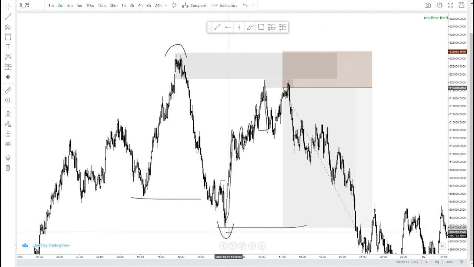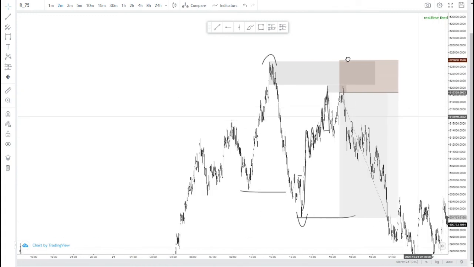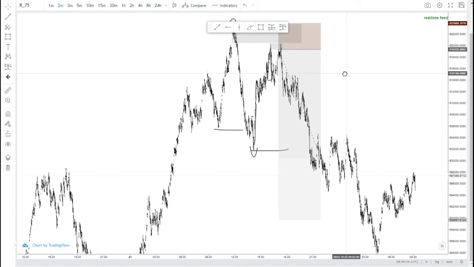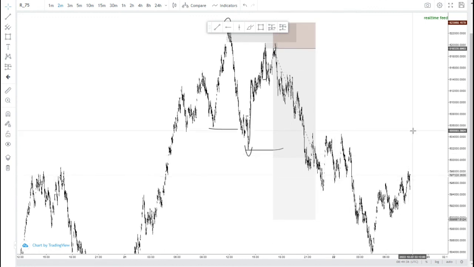Your overall TP was here, the next liquidity run that was run absolutely beautifully for a 1 to 3 RR trade. And as I said earlier, you could close some and hold if you want to for these extra profits, because price has a tendency to run, and once you let it run, it's going to pay you a lot more than you anticipated.